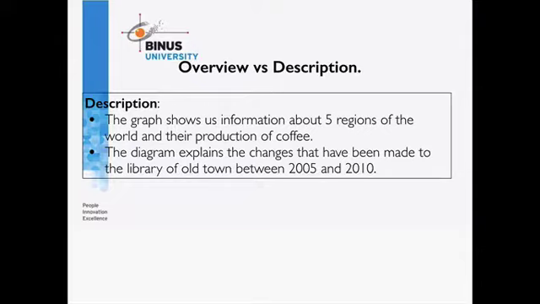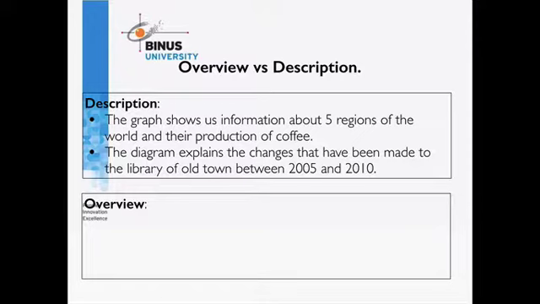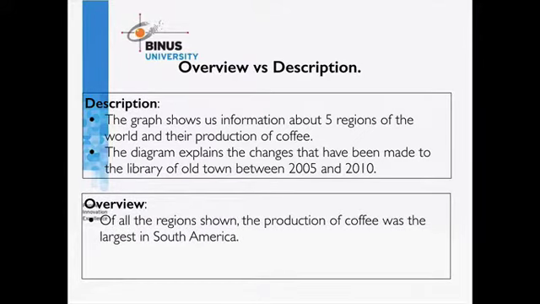And the difference is that the overview gives you the key trends, the most important message, whereas a description has no message that the graph is telling us. And that's the difference. So here's the examples of overviews. Of all the regions shown, the production of coffee was the largest in South America.